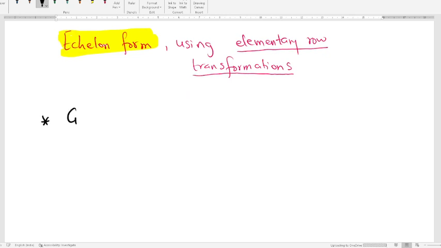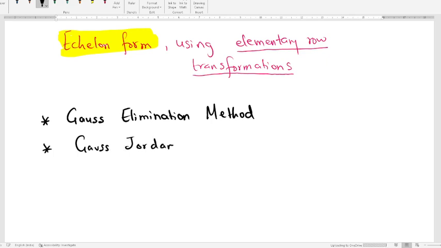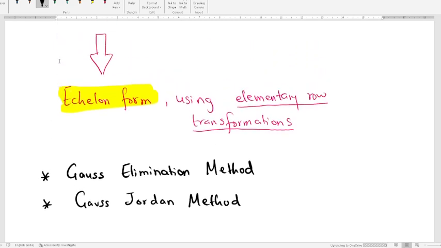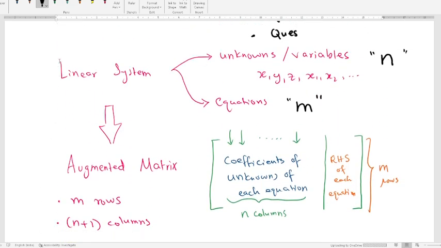The first method is called the Gauss elimination method, and the second method is called the Gauss-Jordan method. I hope that you are all taking your notes. It's very important that you have your notebook by your side with a pen and keep on writing.